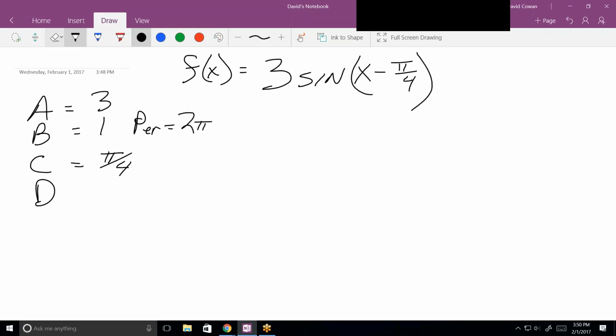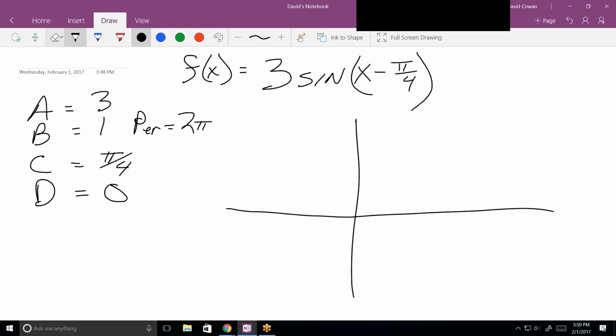So whenever you're looking at something like this, know that the standard is x minus h, which makes the phase shift pi over 4, meaning we're going to shift it to the right pi over 4. And D is what? D is 0. So we really only have two things going on here. We have an amplitude shift and we have a phase shift.